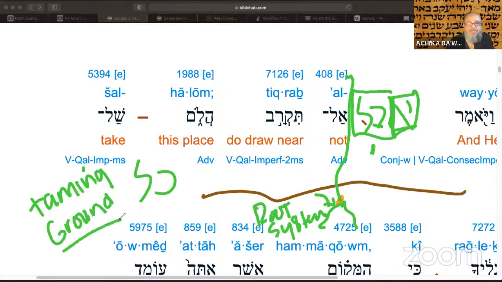Once the ground is tamed and I've turned it into what I wanted, it's ready to bring forth the produce. Once I tamed it, it's ready to do what I need it to do. And then it brings forth the fruit that I need. Then I do a harvest when it's ready to go. You see?